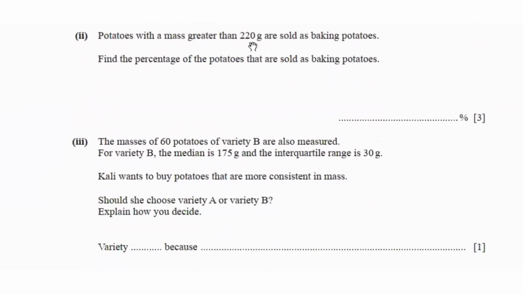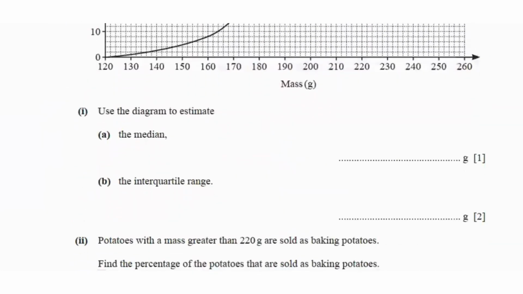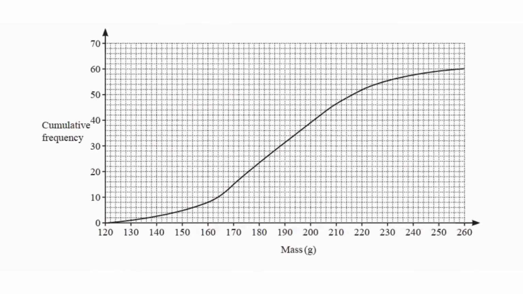Potatoes with a mass greater than 220 grams are sold as baking potatoes. Find the percentage of the potatoes that are sold as baking potatoes. So greater than 220 grams is going to come over this. So that's at 52.